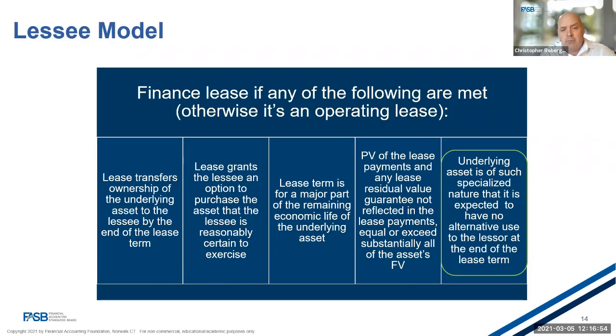And the new requirement is that the underlying asset is of such a specialized nature that it is expected to have no alternative use to the lessor at the end of the lease term. So if any one of these is tripped, the lease is a finance lease. If not, it's an operating lease.